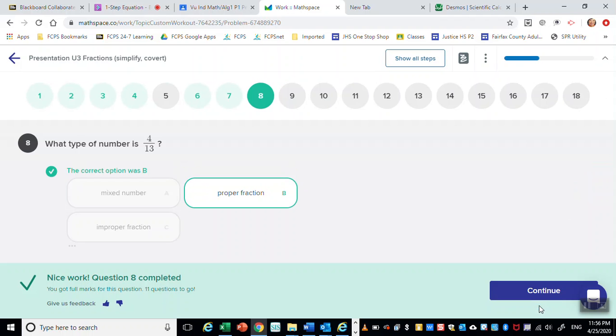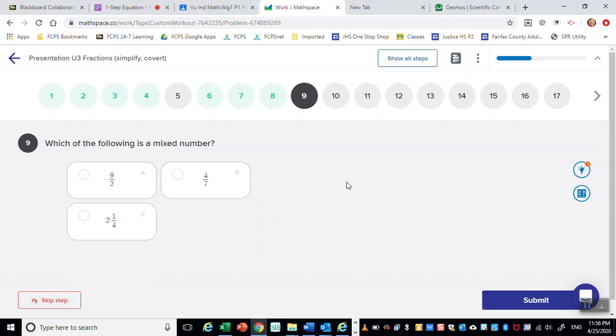Let's go to question 9. Which of the following is a mixed number? You have a mixed number when you have a number and a fraction. This is a mixed number. This is not a mixed number because you need a whole number, like 2 is a whole number, next to a fraction, right?